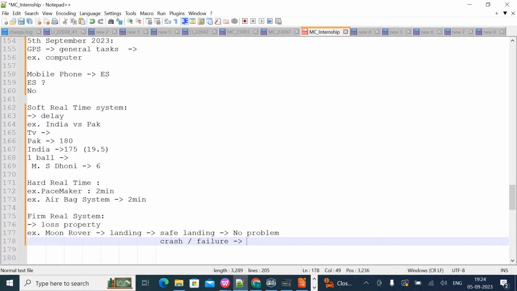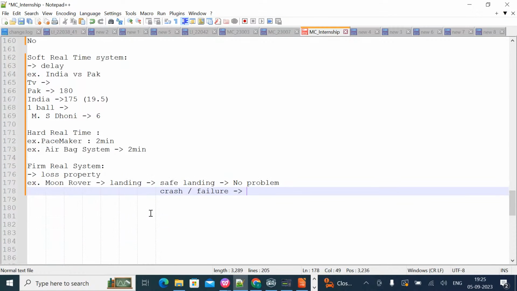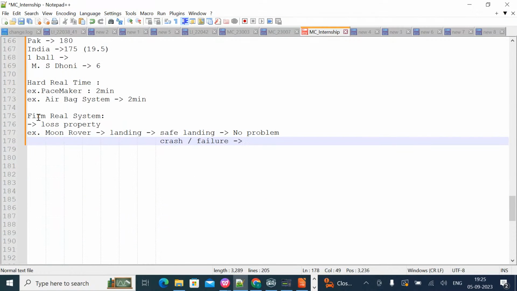You will have the loss in terms of property, whatever time you invested, whatever money you invested to design that system, we are going to lose those millions of dollars if it is a crash landing, right? So here the firm real-time system is related to the property loss if the action is not taken within the given amount of time. Understanding?